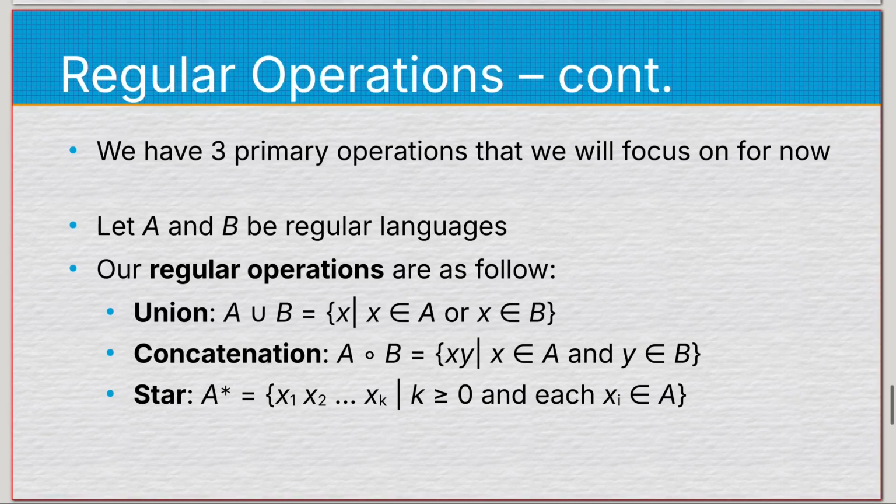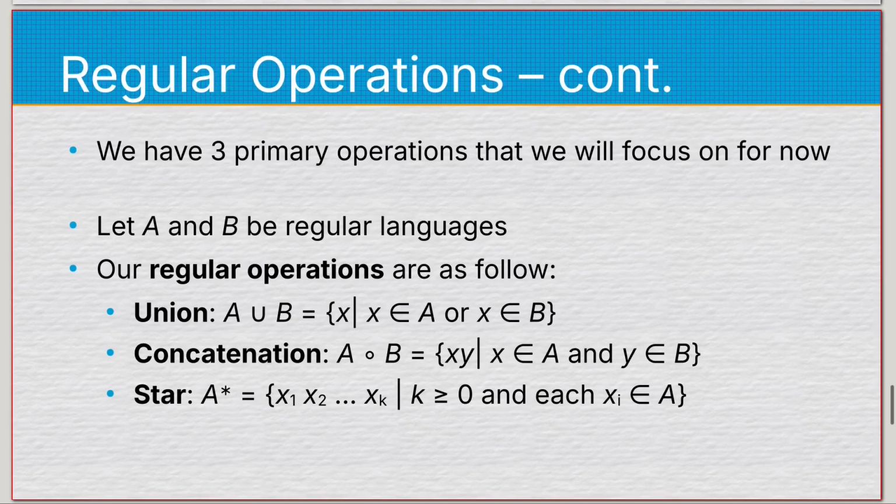We'll move on to NFAs, build up to regular expressions, and they'll be in grammars as well. These three are basically the cornerstone for a lot of the actual mathematical operations in theory of computation: union, concatenation, and star.